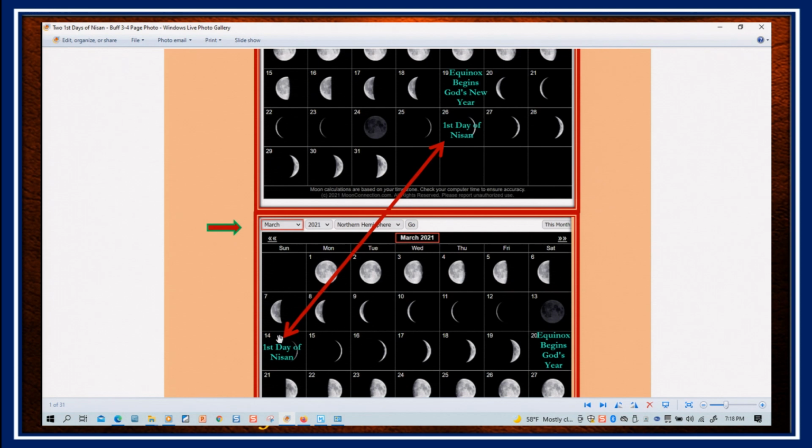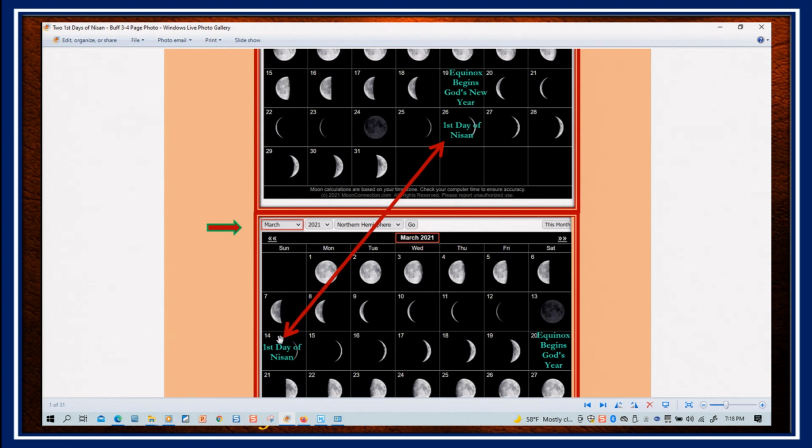We find that by using a new moon that occurred before the vernal equinox arrived, the Jews began their first day of Nisan what? In the winter season. Before the vernal equinox had even arrived and started a new year and kicked off a new spring season, right? Because the vernal equinox starts a new year in God's year. But they started their first day of Nisan what? In the winter season, didn't they? And please tell me how you can legitimately start the first month of a new year before the new year even begins. Friends, that's simply impossible to do, isn't it?